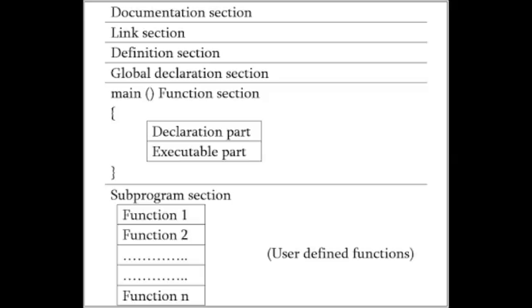Listen, here we are seeing an image that completely deals with the structure of the C program. To write a C program, we have to follow the structure, meaning you have to use some basic structure that represents C programming.